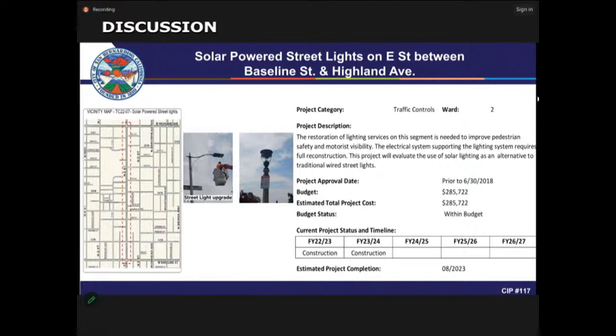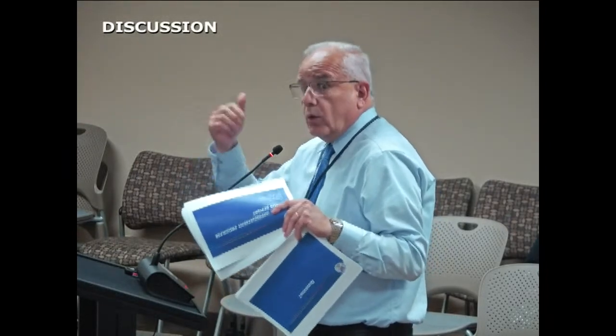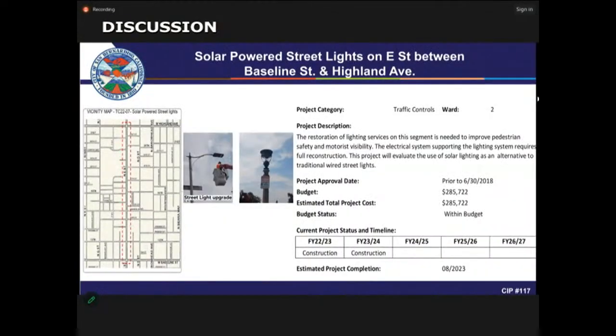So we looked at an innovative way of completing this project by installing the solar system, and we tried to fit these fixtures within the same aesthetic as the old fixtures. At locations where we have the Cobra heads, we installed those also.